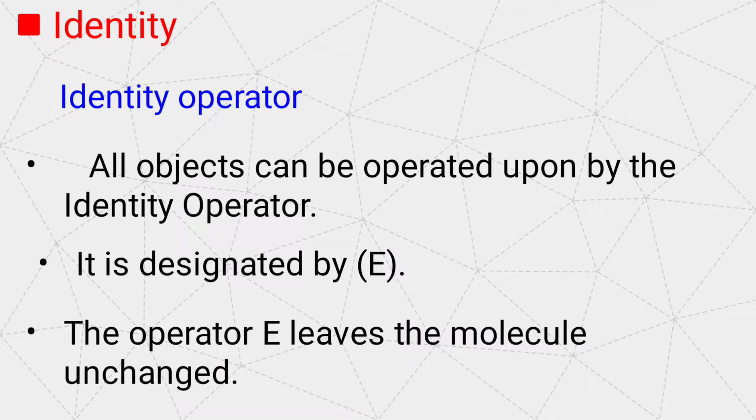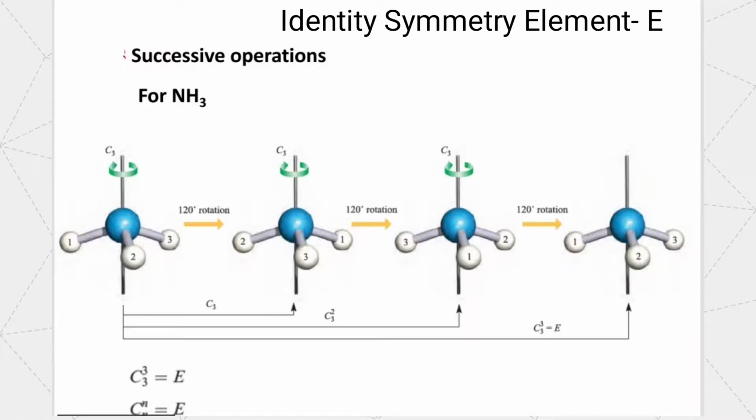Last type, identity. Identity operator. All objects can be operated upon by the identity operator. It is designated by E. The operator E leaves the molecule unchanged. Identity symmetry element E, successive operations for NH3 molecule.